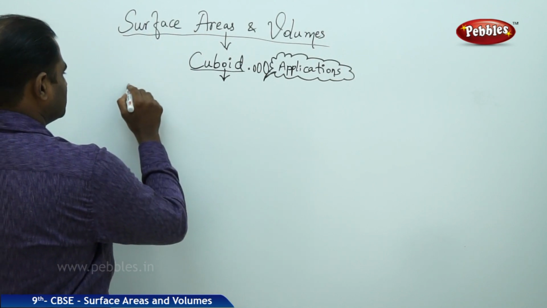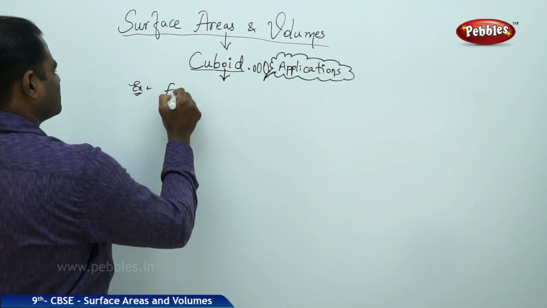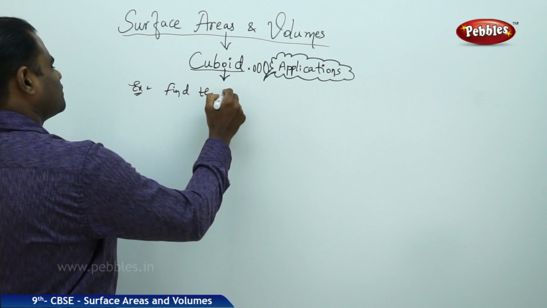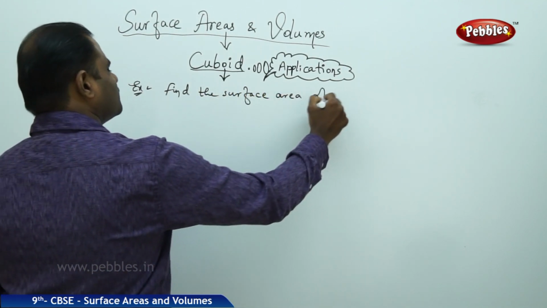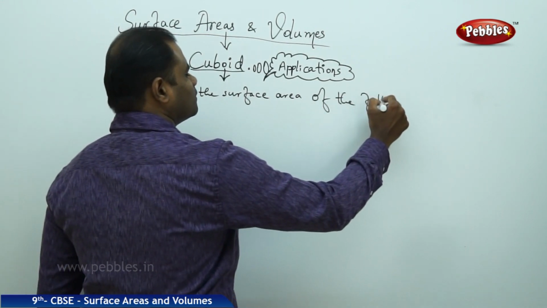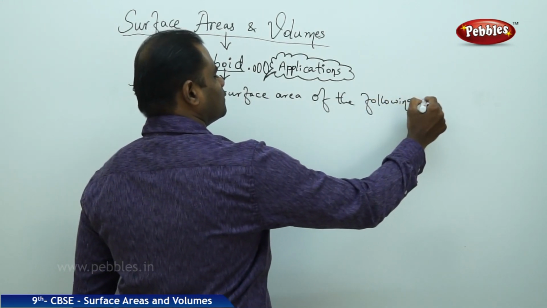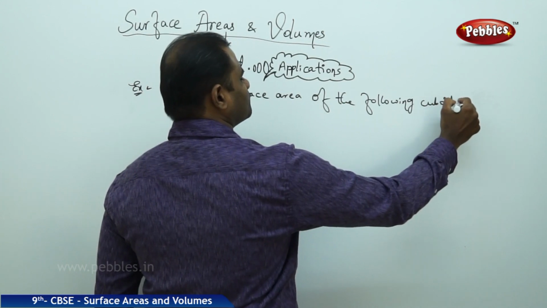Say for example, the question says, find the surface area of the following cuboid.